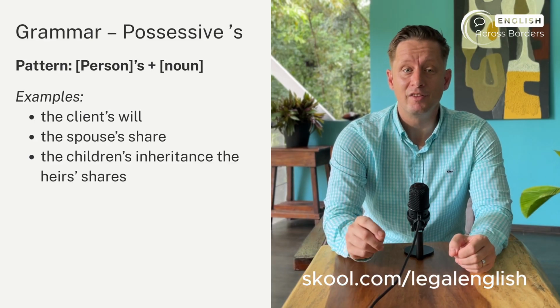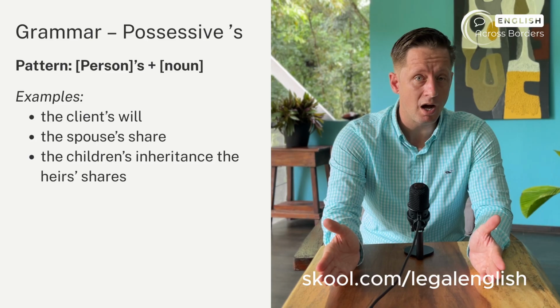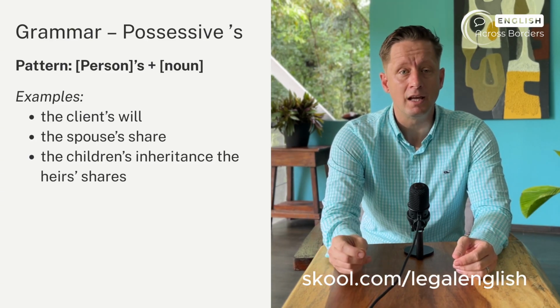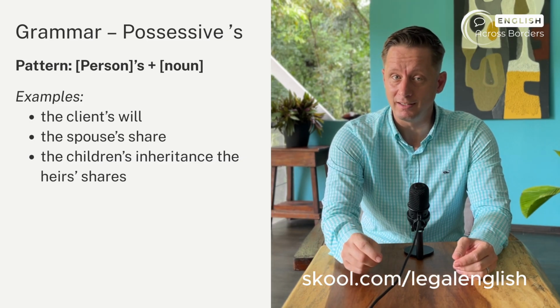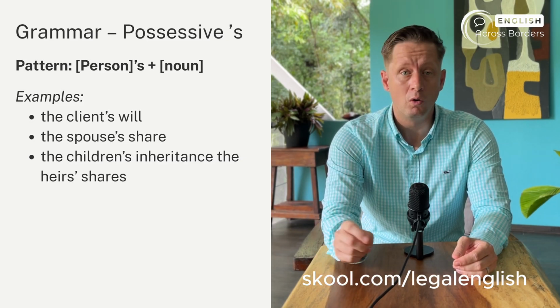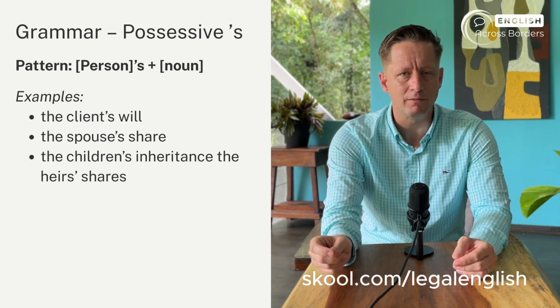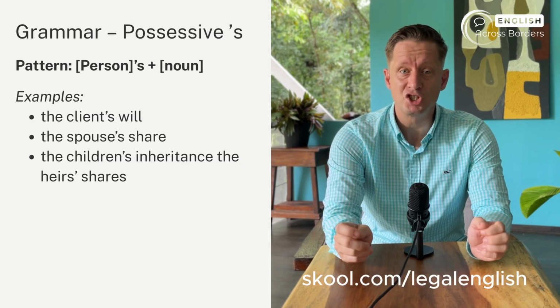This means the inheritance that goes to the children. Now imagine a conversation. A foreign client asks, whose name is on this will? You can answer, this is the client's will, or a client says, how much does the wife receive? You explain, this is the spouse's share.